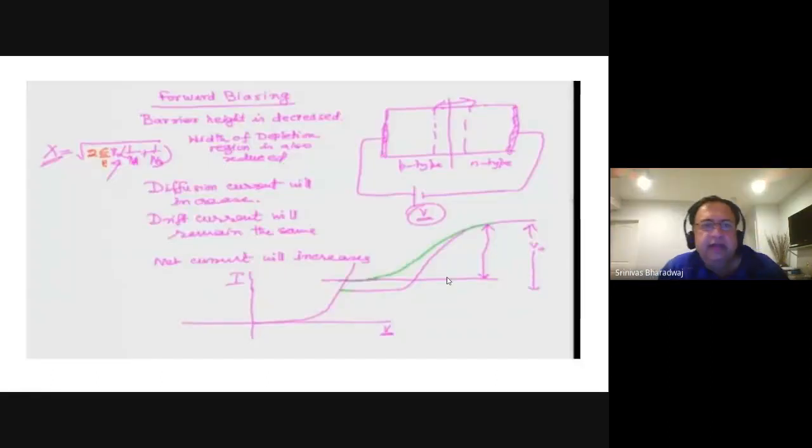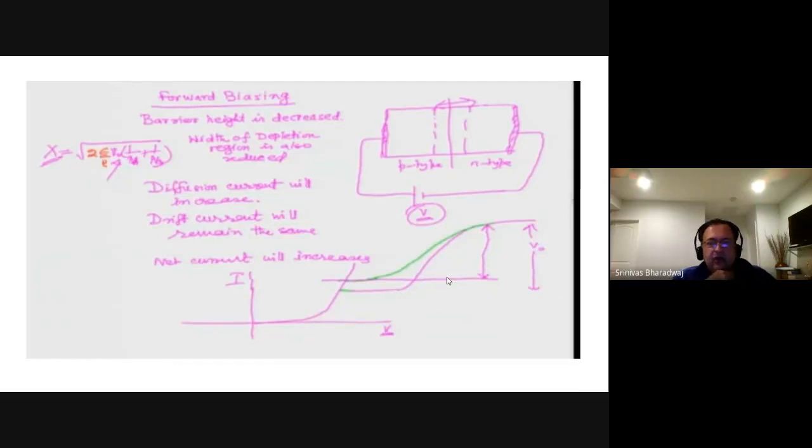The barrier height, the depletion layer: when you apply that voltage, the depletion layer will shrink and the diffusion current will increase.